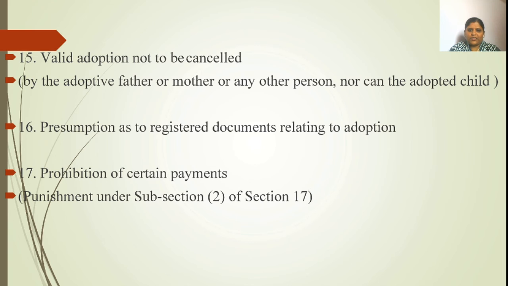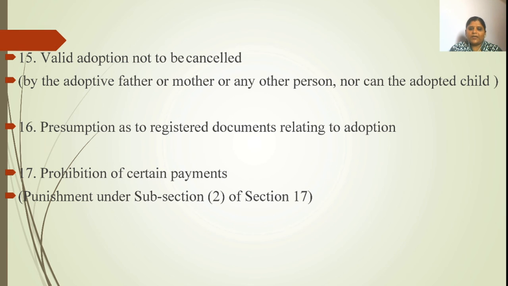And section 17, which has been bifurcated into 3 subsections. First, which says that no person shall receive or agree to receive any payment or any other reward in consideration of the adoption of any person, and no person shall make or give or agree to make or give to any other person any payment or reward, the receipt of which is prohibited by this section.